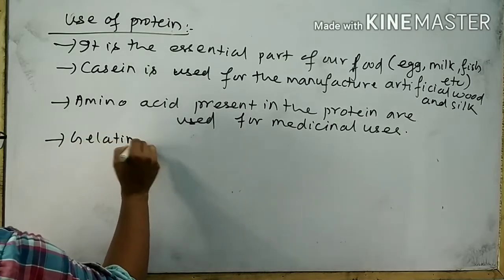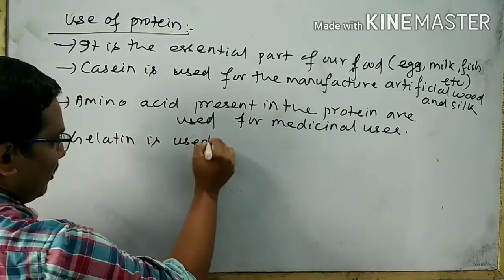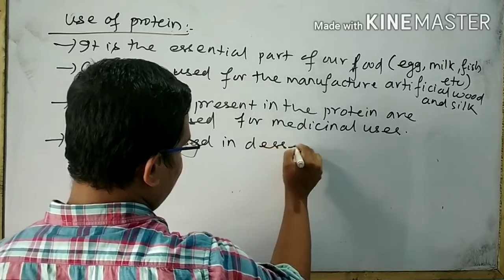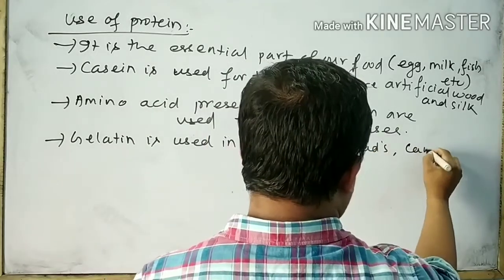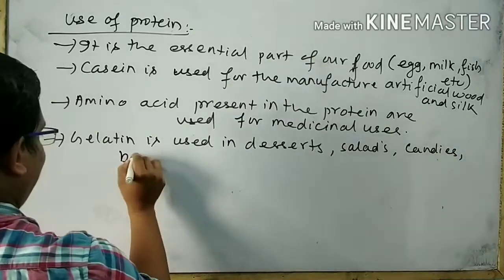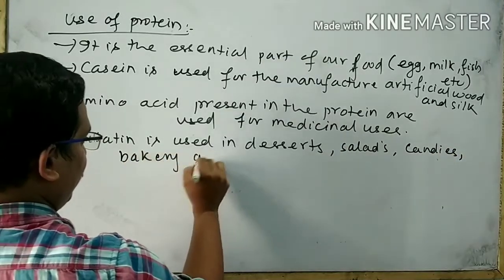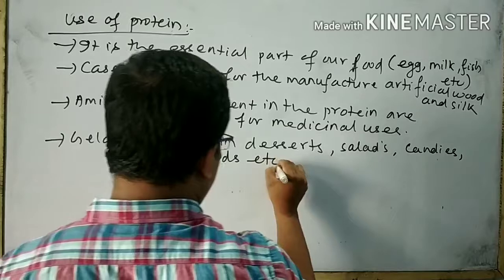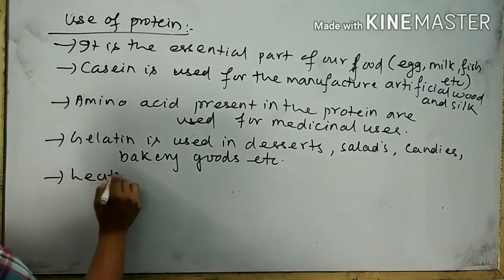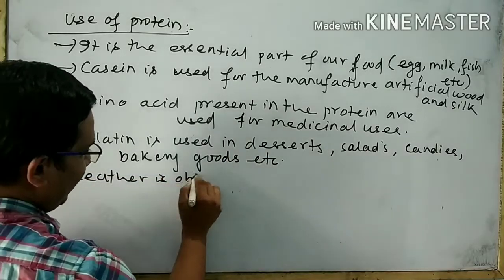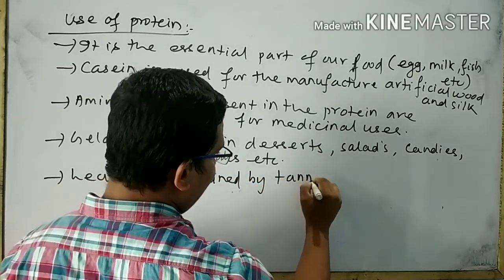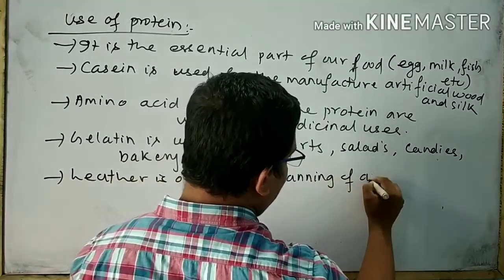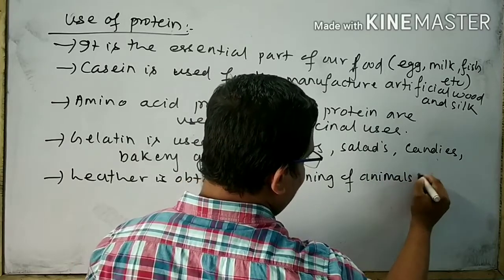Gelatin is used in dessert, salad, candies, bakery goods, etc. Leather is obtained by tanning of animals' hides.